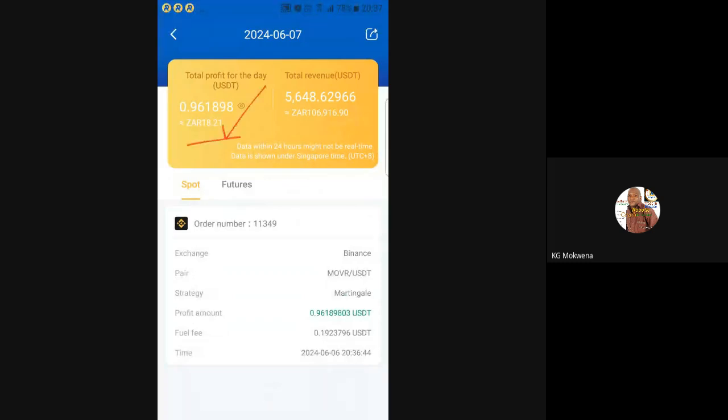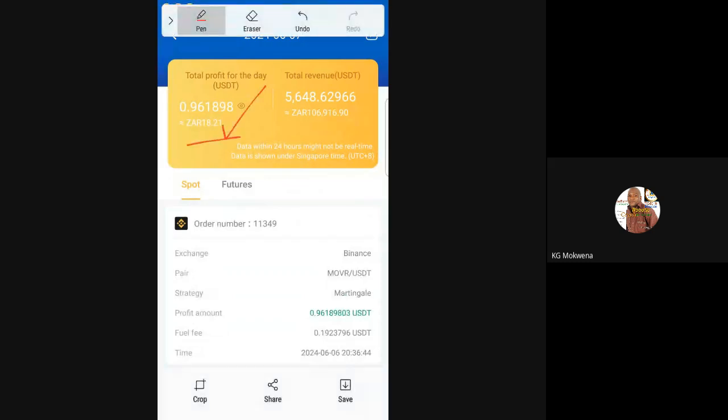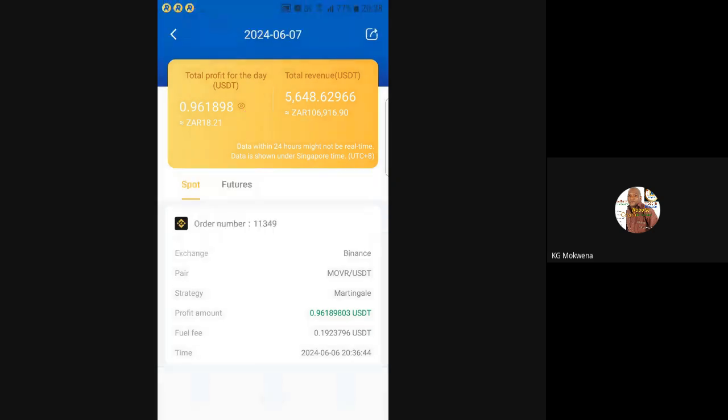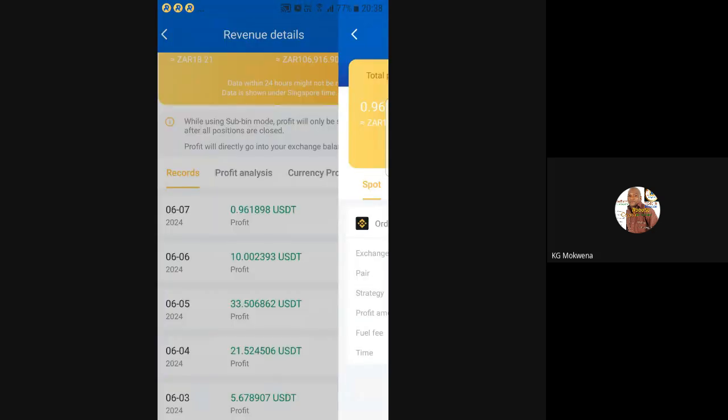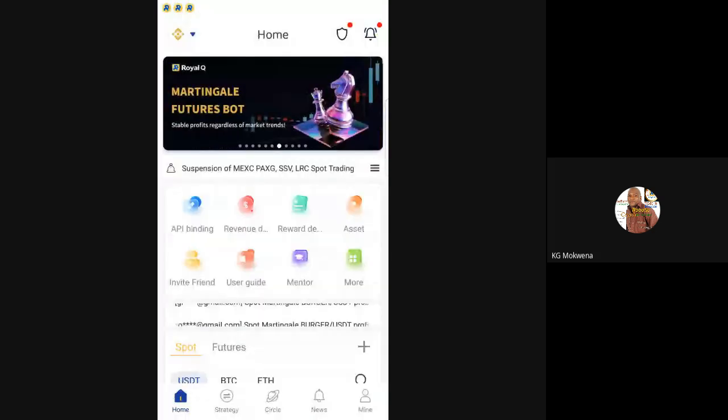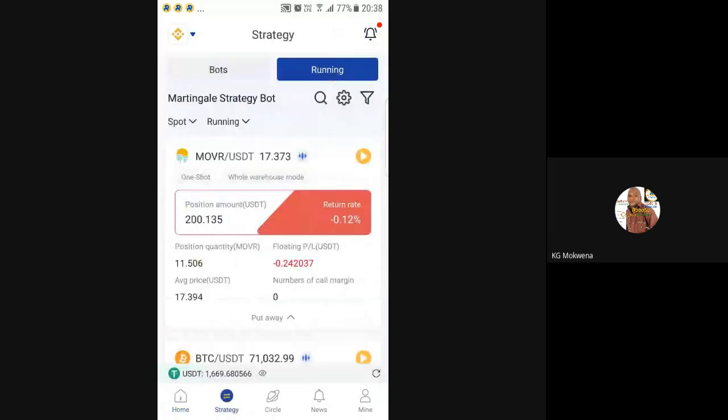So now imagine for people who really have time to look at these patterns from the 15 minutes time interval. Imagine individuals that have time to simply download these profits using their smartphone. Incredible things will happen just like that. You can grow your account to any margins you want. Let's go to strategy. And then here we are.